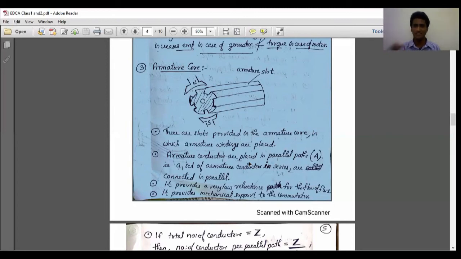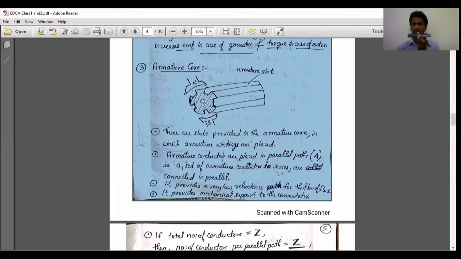As you have studied in basic electrical, R1 and R2 connected in series means the effective resistance is R1 plus R2. Similarly, many coils are connected in series and that creates a single parallel path. Clear?